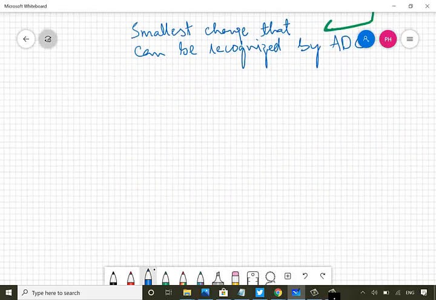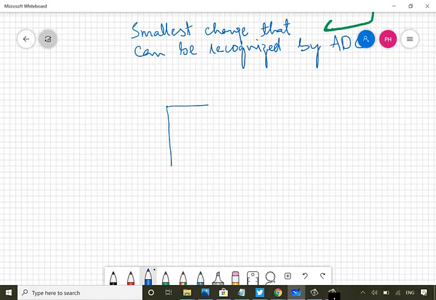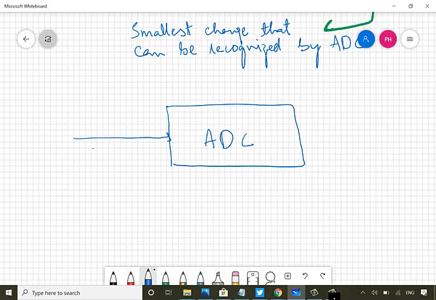Let me give an example. We have an ADC and we have an input voltage that ranges from 0 volts to 5 volts. And the ADC is a 1-bit resolution ADC. That means there is only one output. So there can be only 2 distinct states, either it can be 0 or it can be 1.